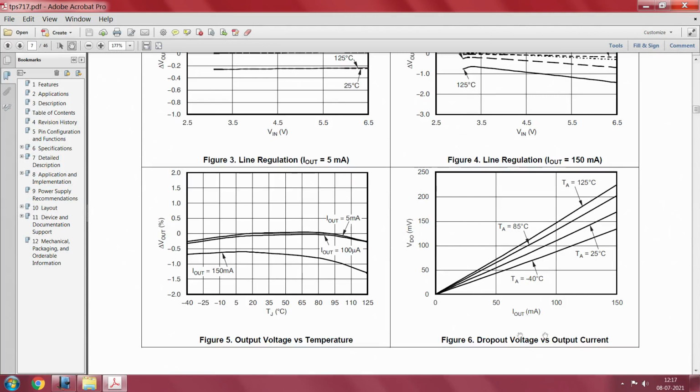Now you can also look at the dropout voltage versus output current. You can see that it can be as high as 220 millivolts, the dropout voltage, if you are operating the LDO at 125 degrees at full load current.